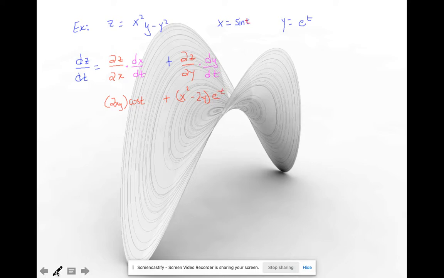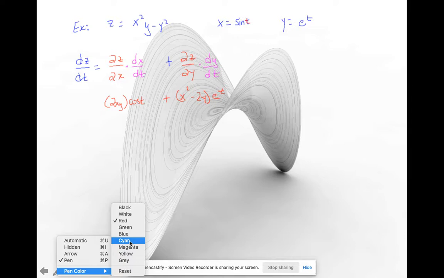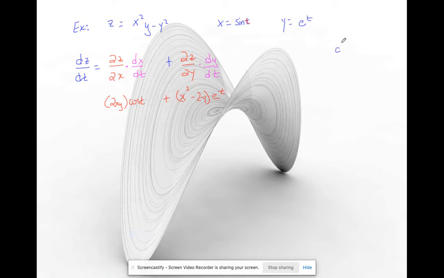Now, think about when you were in Calc 1, there were times where you took the derivative of y with respect to x, and it was okay to have x and y stuff in the answer. So look at what I have. It is okay to have x, y and t's in my answer.